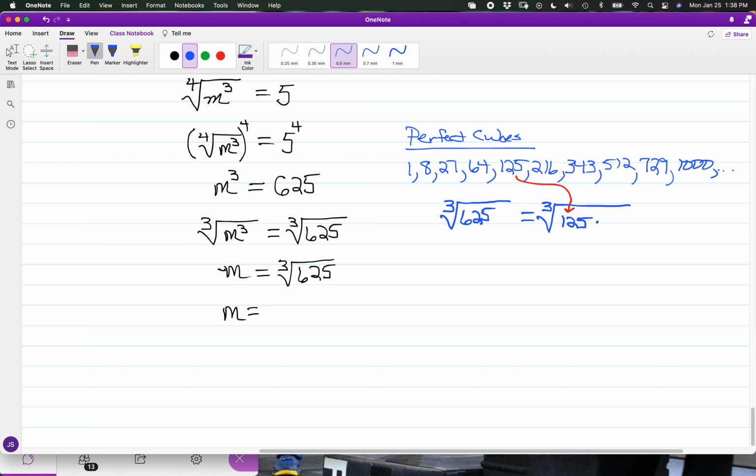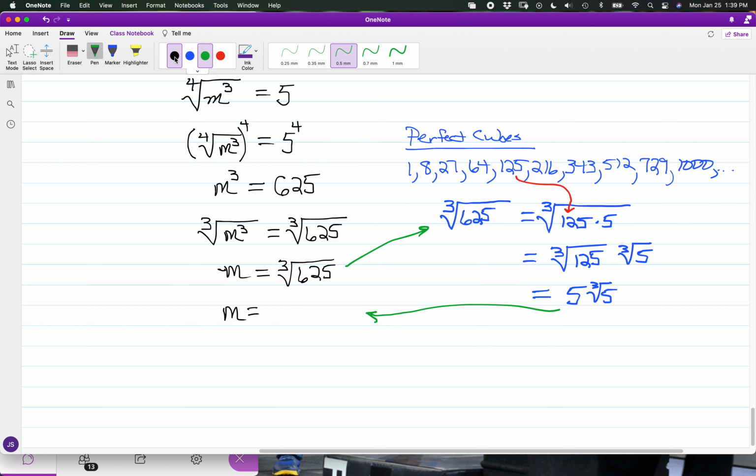So I get the cubic root of 125 times 5, which is the cubic root of 125 times the cubic root of 5. And so for the end result here for m, the cubic root of 625 translates to 5 times the cubic root of 5.